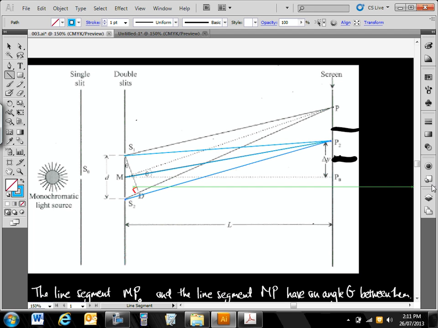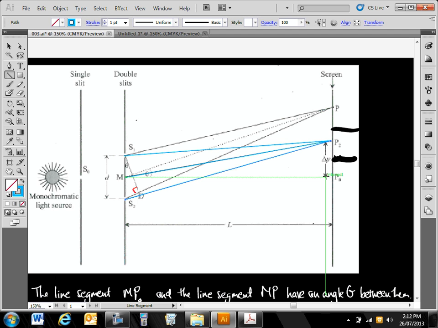Bright fringe. There's a bright fringe. Which bright fringe? It's the... and I was hoping that you'd know this: delta y is the distance between what and what? Yeah, that's right. Or the first minimum and the second minimum, or the third minimum and the fourth minimum, or the fourth maximum and the fifth maximum. It's the distance between fringes, essentially.